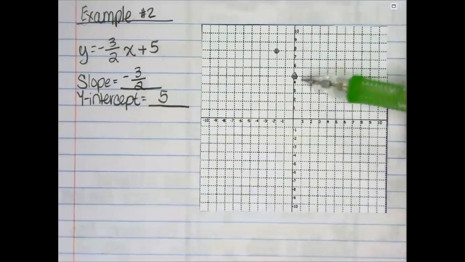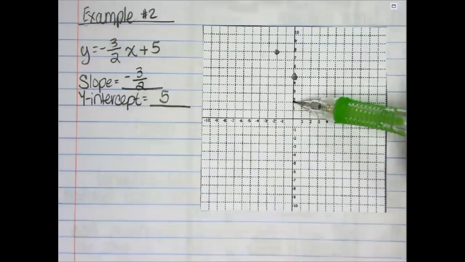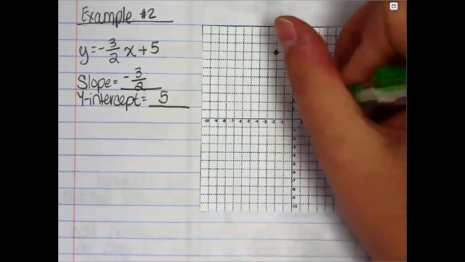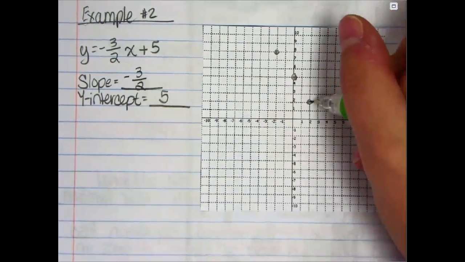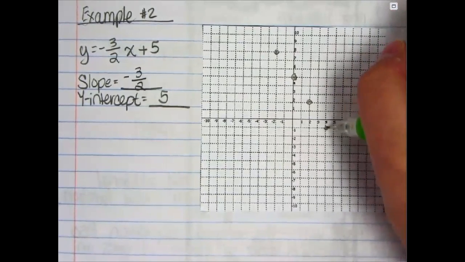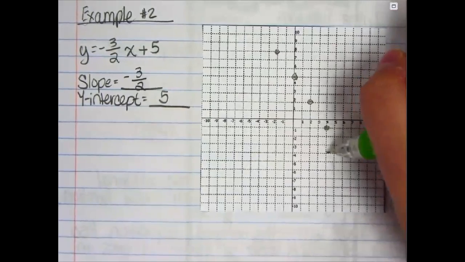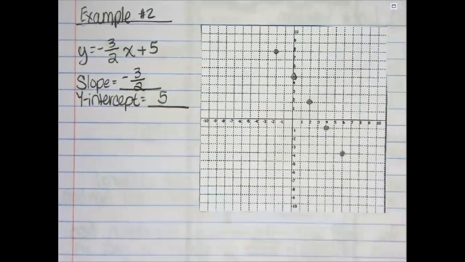So what if I wanted to put points in this direction, and I started by decreasing by 3? I need to increase by 2. And can I do the same thing again from this point? Decrease by 3, increase by 2. Decrease by 3, increase by 2.